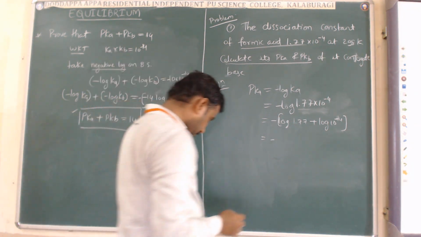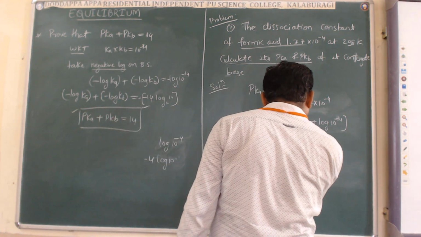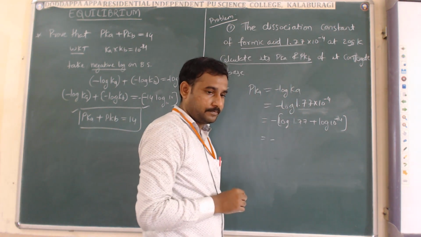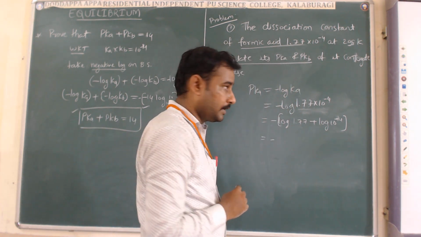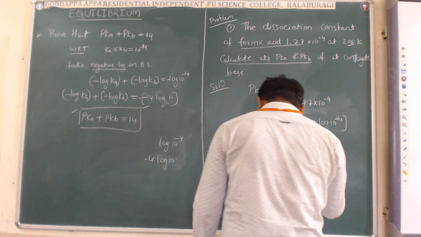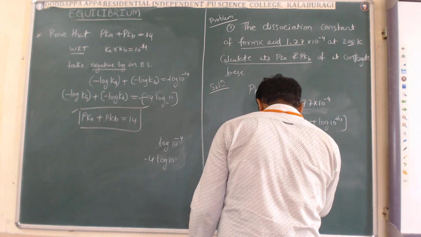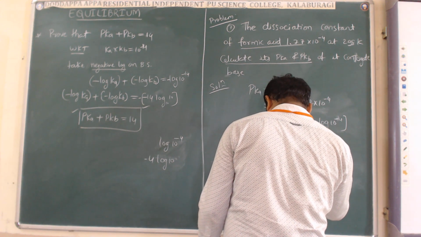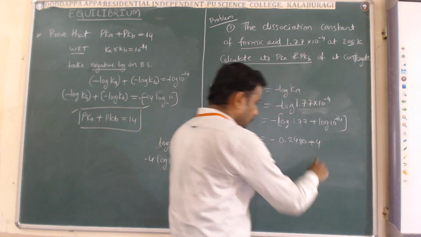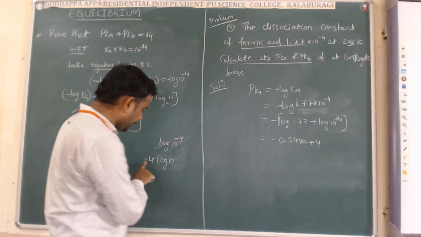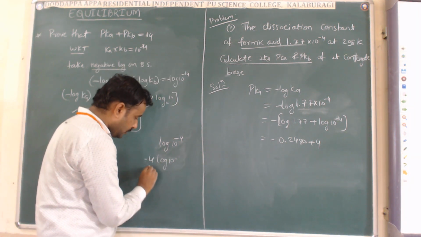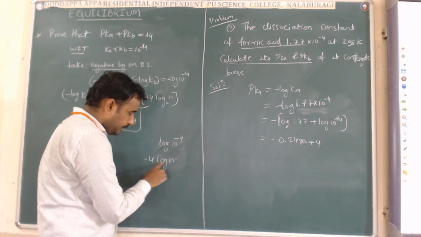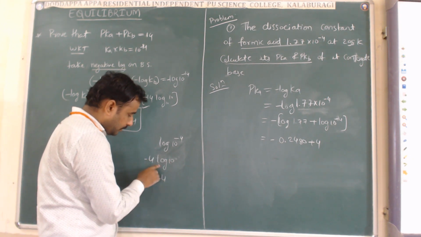Then you have to find out the log 1.77 value first. What is the log 1.77 value? That will be 0.2480 plus 4. Why is this plus 4 coming here? You are getting minus 4, sir. Log 10 value is 1, and 1 into minus 4.